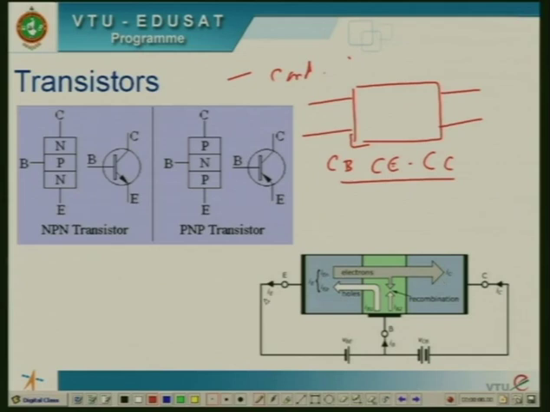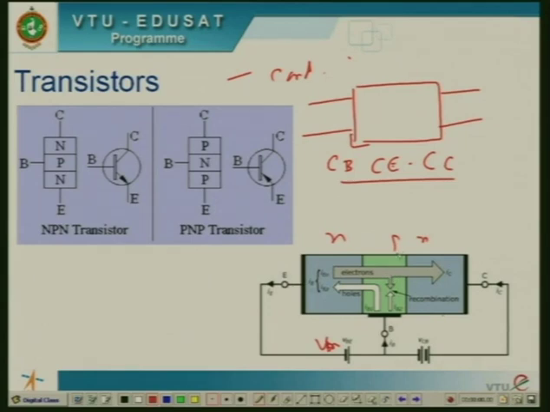When the emitter-base junction is forward biased by applying a voltage VBB, then in this NPN transistor the electrons cross over the junction. When the electrons are emitted from the emitter, they pass through the base.